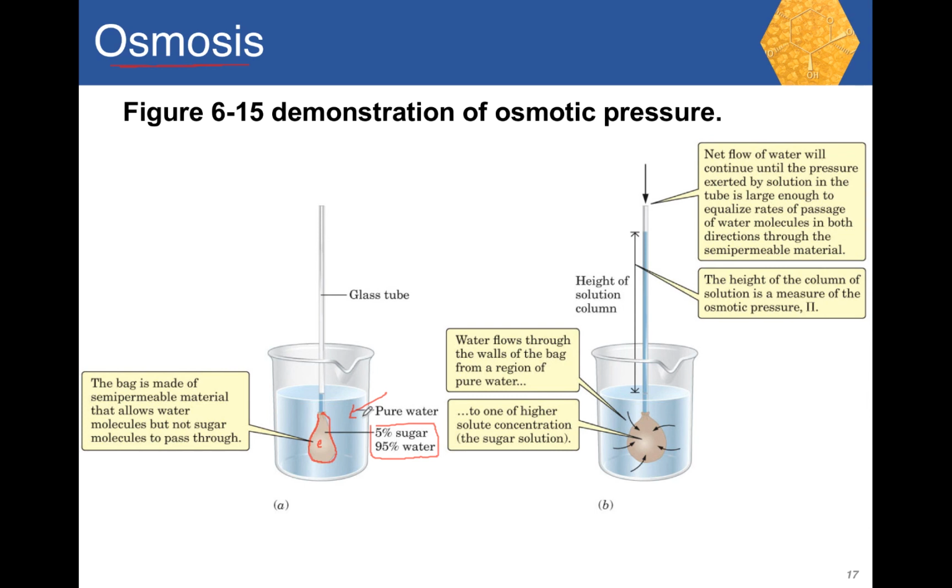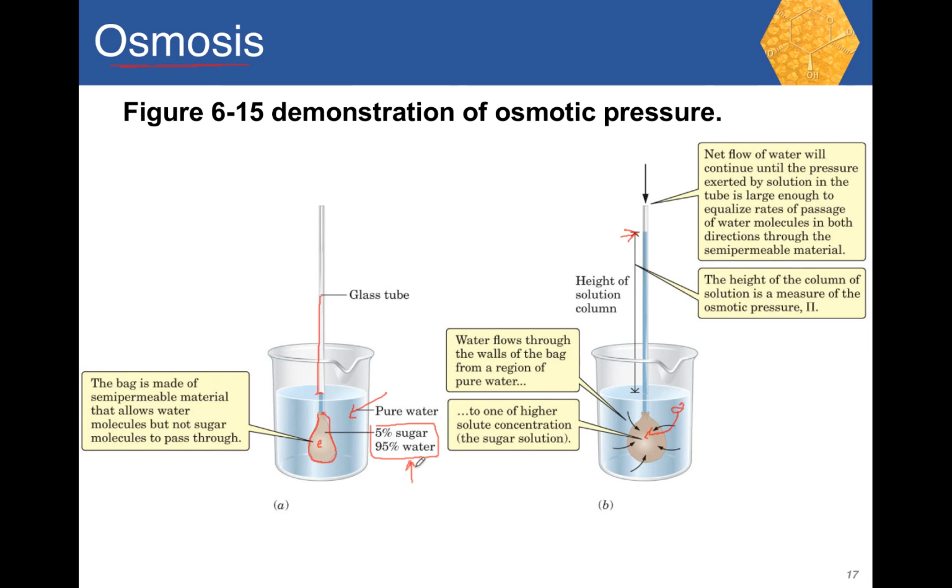What you'll discover after some time is that the volume here increases. As you can see here, it increases. What happens is that the water molecules go into that bag that contains the sugar solution.